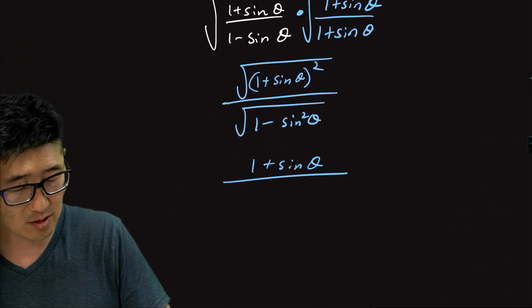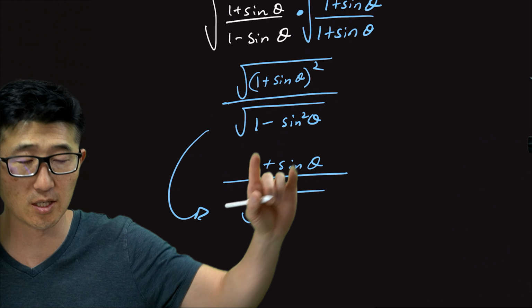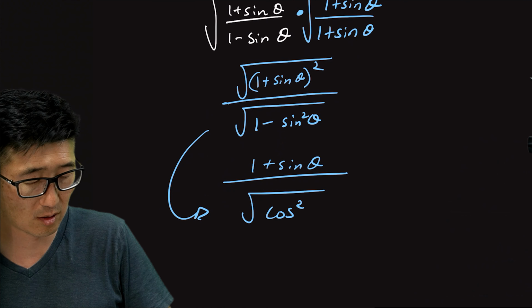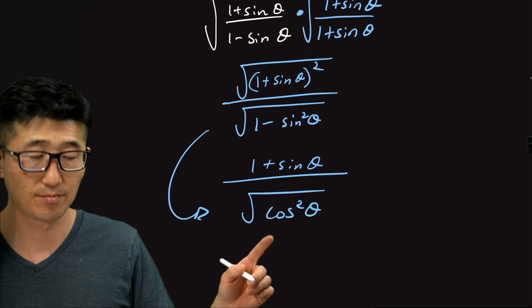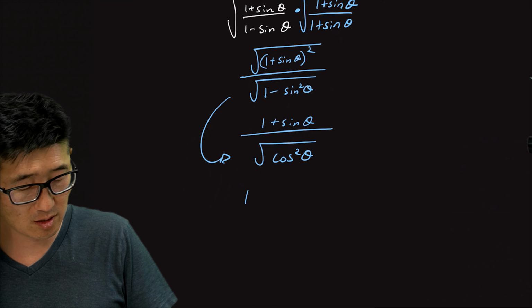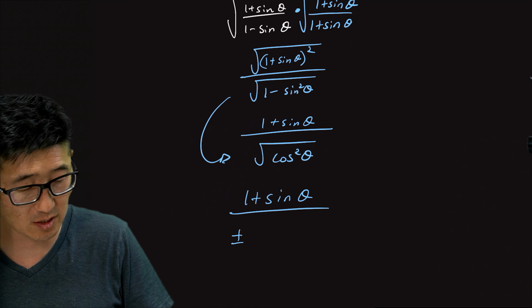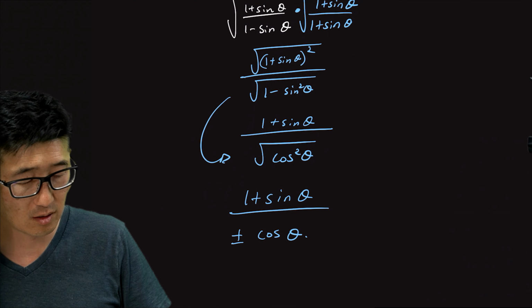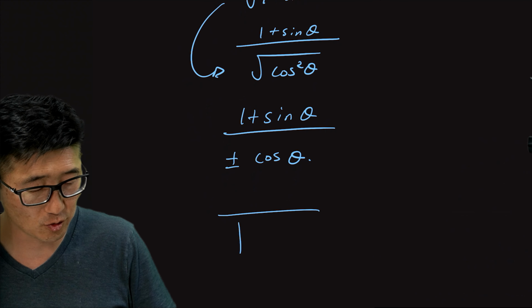The denominator, 1 minus sine squared theta, you should recognize it now. Becomes the cosine squared theta. Okay, cosine squared theta. And what's the square root of that? Well, it's plus or minus cosine. Now, whenever you do a plus or minus, you have to give it an absolute value.